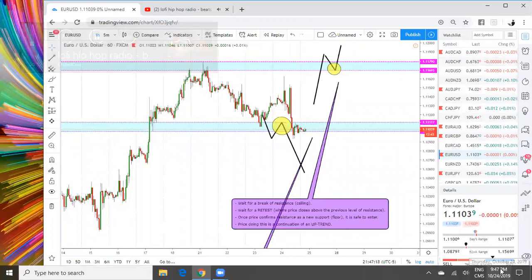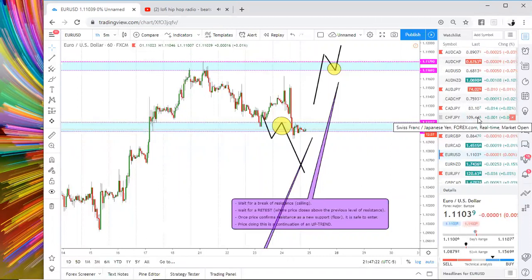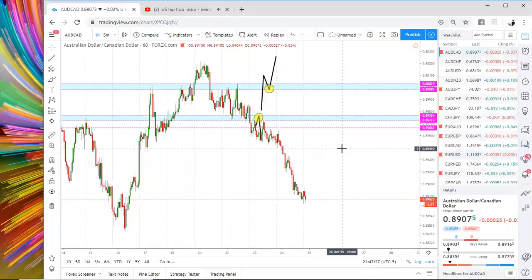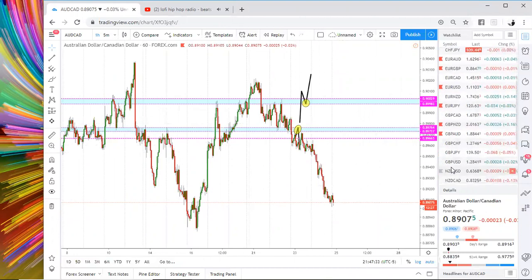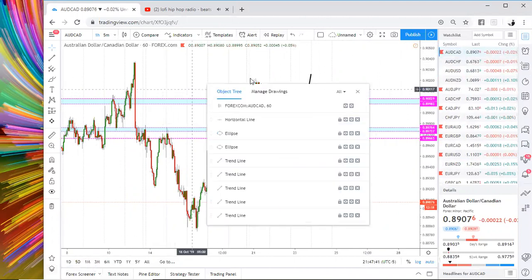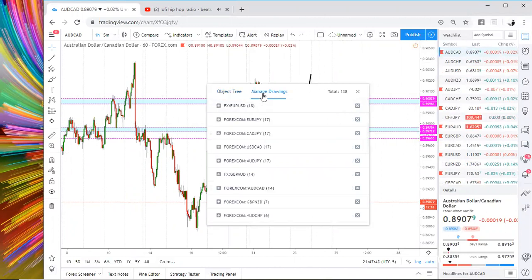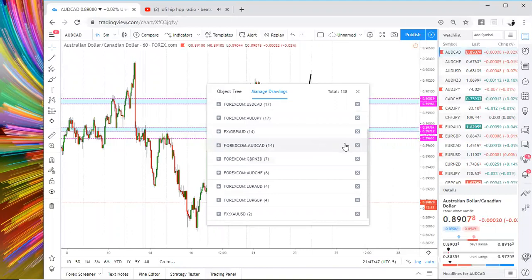Right now it's Thursday, October 24th, 9:47 p.m. Central Standard Time. I'm currently in this trade, so I'm going to leave that one up there, but every single one of these, I'm not in. So I can readjust. I can go to this bottom left corner, show object tree, manage drawings, and delete every single one except AUD CAD.